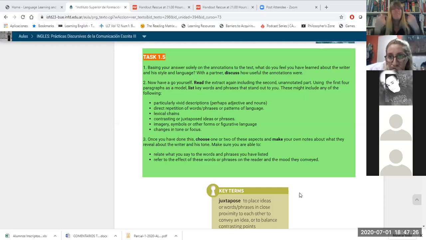So think about everything that we have discussed in second year, all the cohesive devices. Are they used here? And if they are used here, why? With what effect? What happens with the tone of the language and the style of the writer?